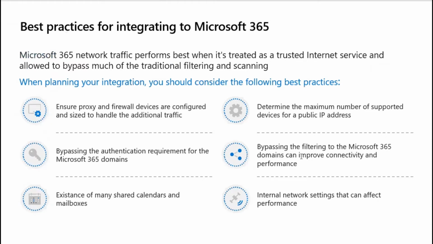Bypassing the filtering to Microsoft 365 domains can improve connectivity and performance. Internal network settings that can affect performance, right? These are things we talked about, just put in a slightly different way, but the same thing. We need to have proper bandwidth. And also from the firewall, all the Microsoft services should be allowed inside your network.